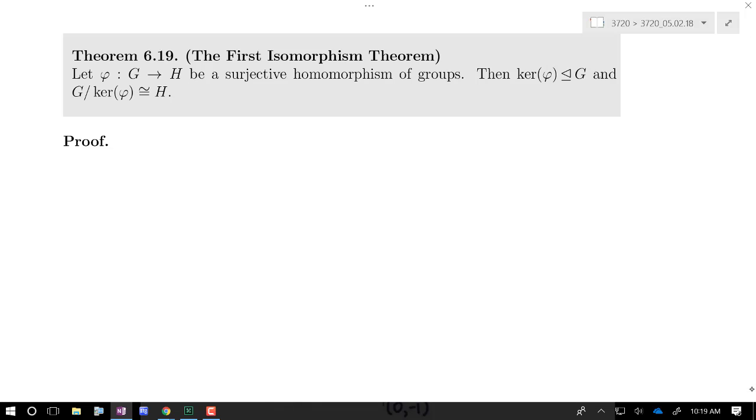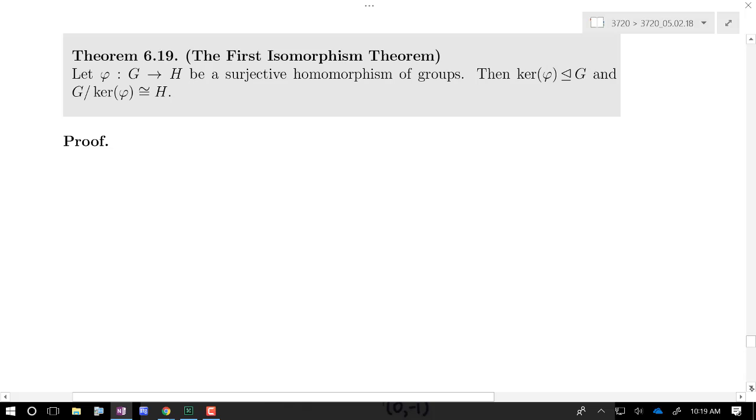It just says, suppose I have a surjective homomorphism of groups. So H is not a subgroup of G or anything, right? I just have a homomorphism that goes from one group to another that is surjective. So every element of H gets hit by something in G. It need not be one-to-one.